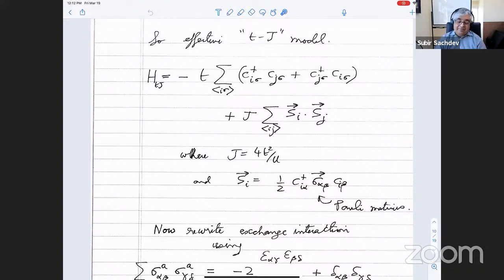Okay, so there's a lot of technology that people have developed to describe this kind of system with constrained Hilbert space. In particular, there's this whole trick of fractionalization and gauge theories that people use to describe the physics of the TJ model. Well, I don't think I'm going to cover that in this course.